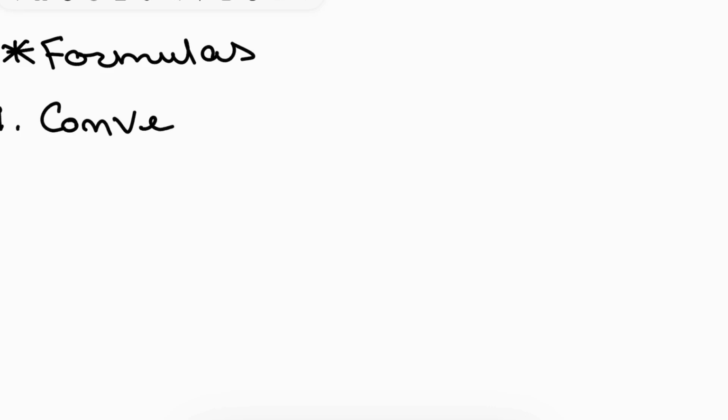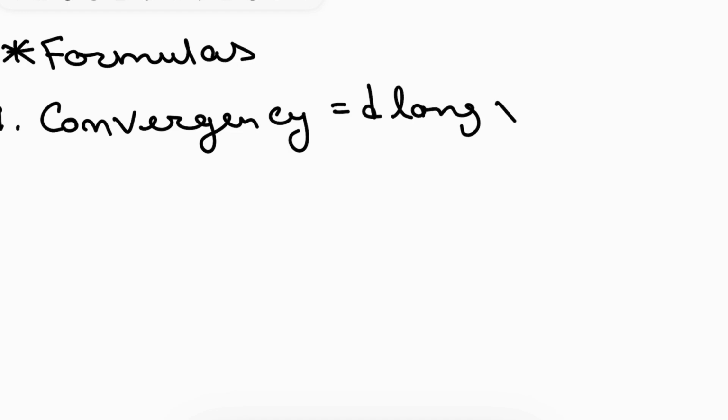After that, we'll just revise all the formulas that we are going to use in the numericals, right? So let's revise the formulas. The first that we saw was convergency is equals to d long into sine mean latitude.